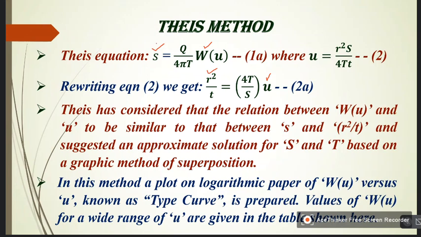These four values are the match point coordinates. 1 and 2 are on your sheet, and 3 and 4 are on your type curve.